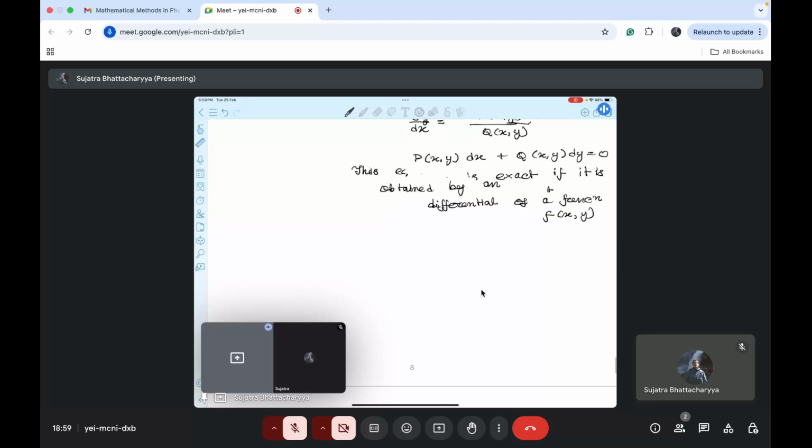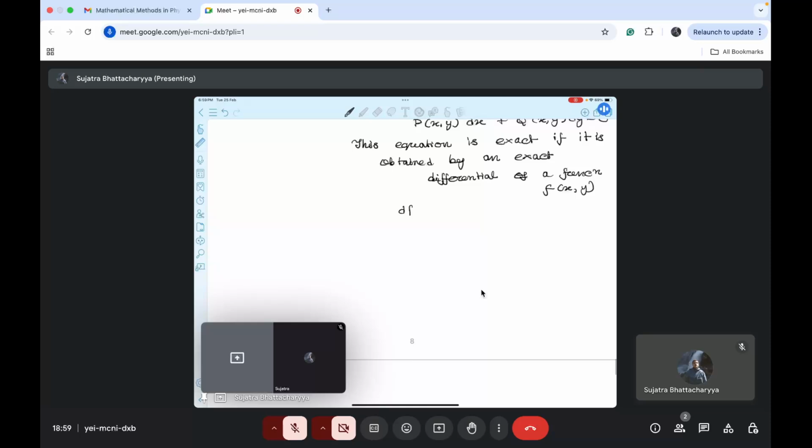So what is an exact differential? This is the differential format.